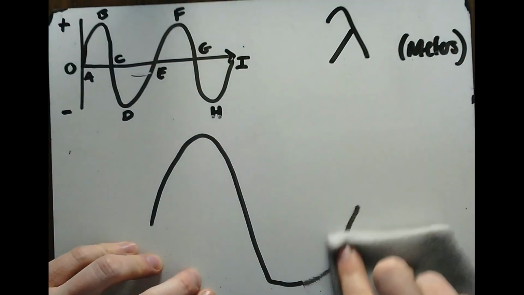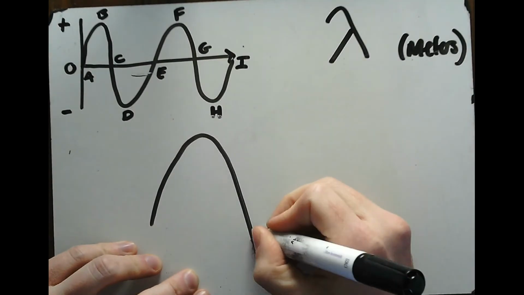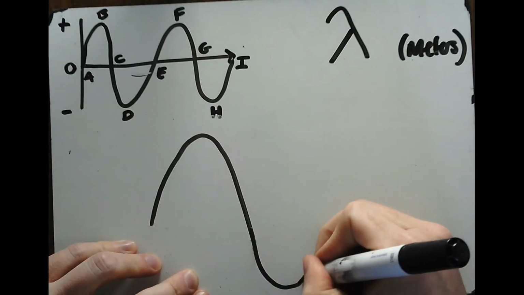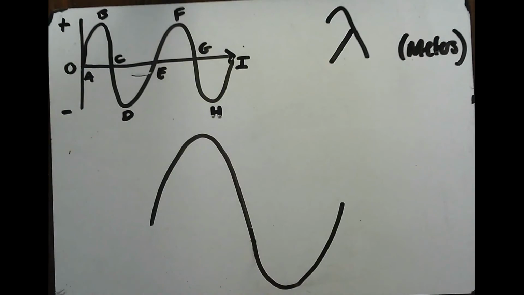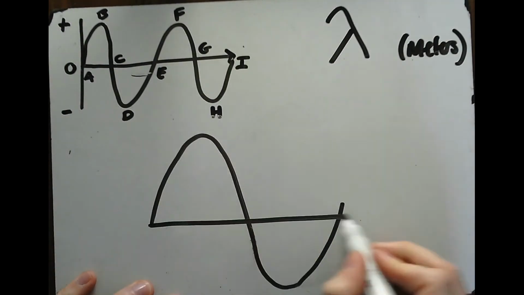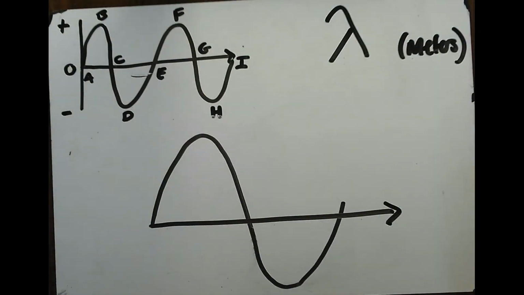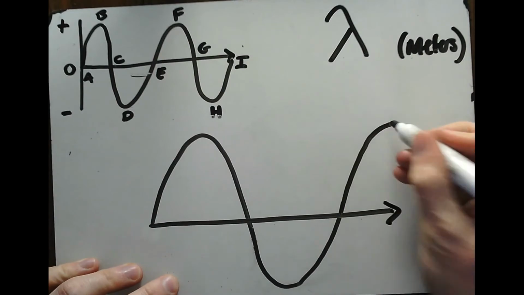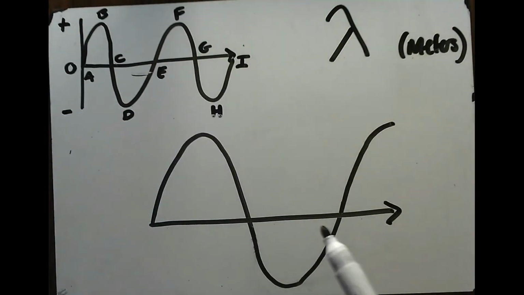I'm going to draw a wave diagram here. Now we're going to imagine that this is a mountain again. And this line of zero disturbance is our sea level. We'll carry on the next wave. Now, one wavelength is the equivalent of one wave cycle.